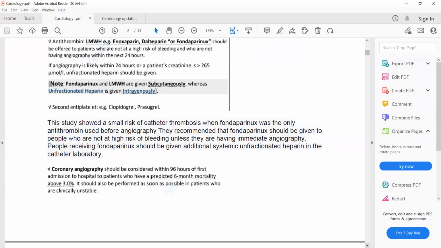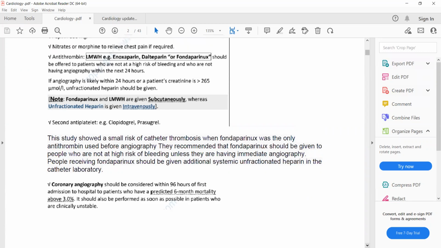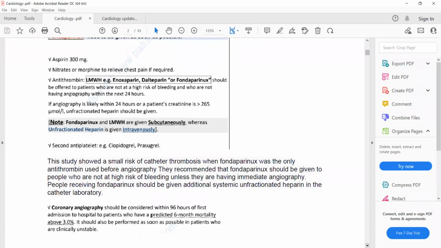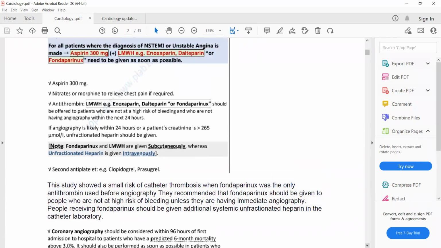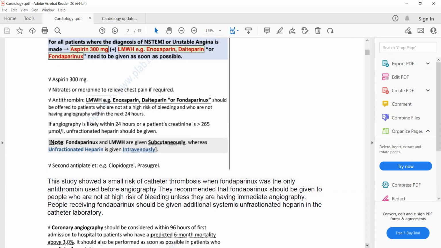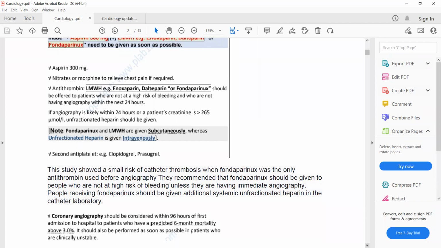So we have three scenarios. First one is that a patient with unstable angina or non-ST elevation MI is clinically unstable. He should undergo angiography as soon as possible.